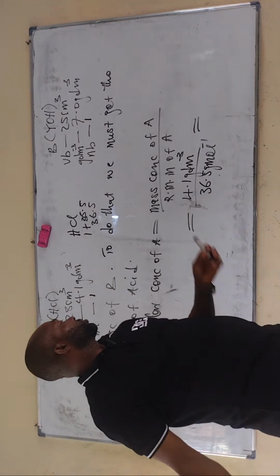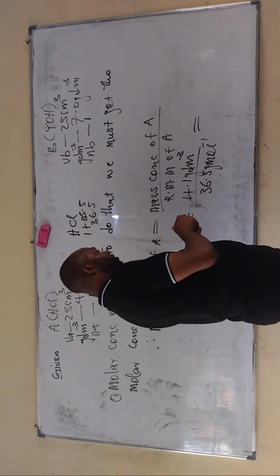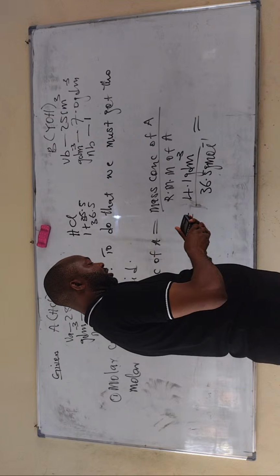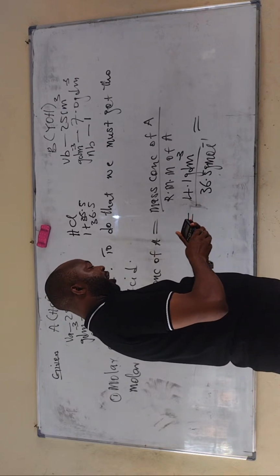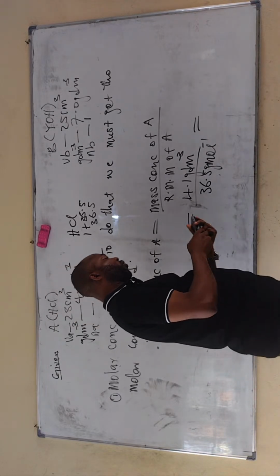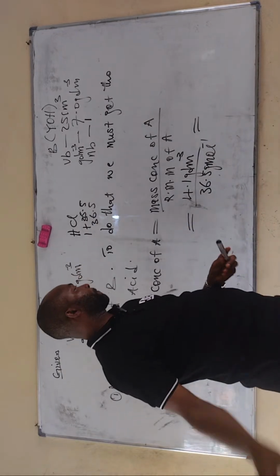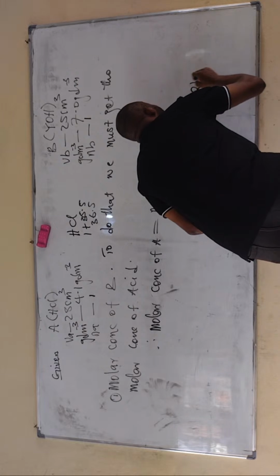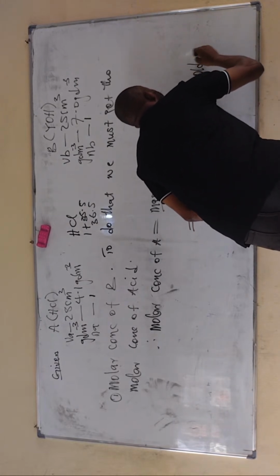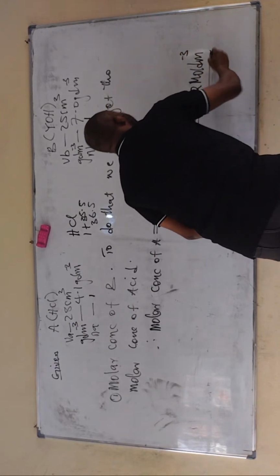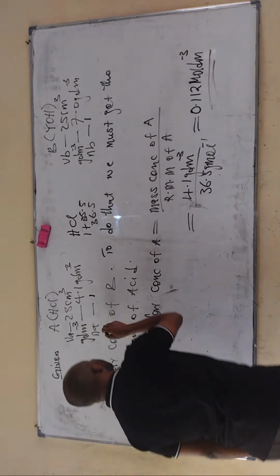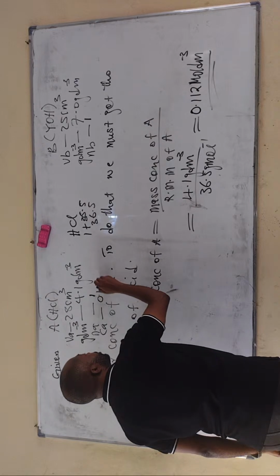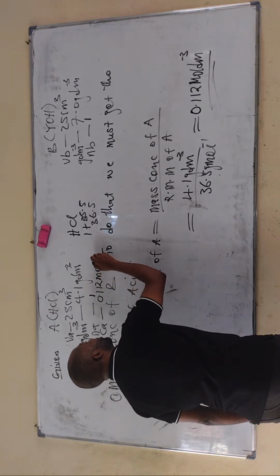So from here, we proceed to say our 4.1 divided by 36.5. We now have 0.112 mole per dm³.